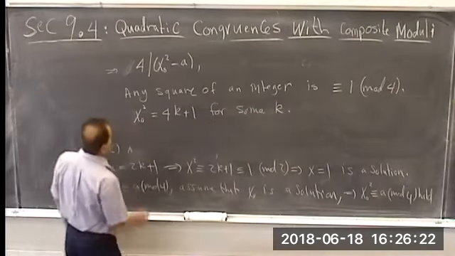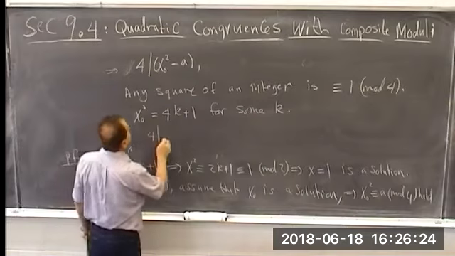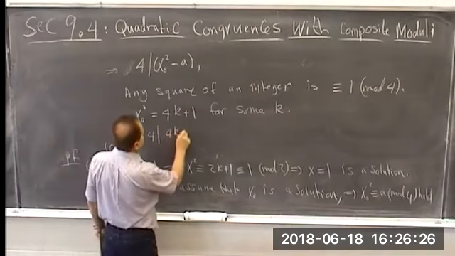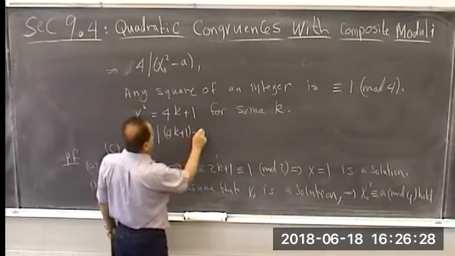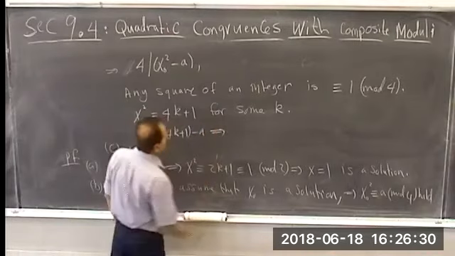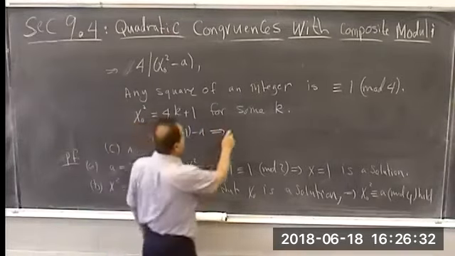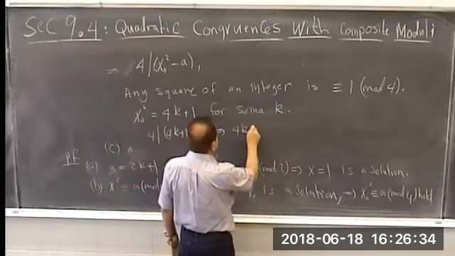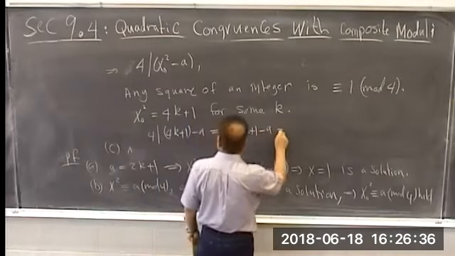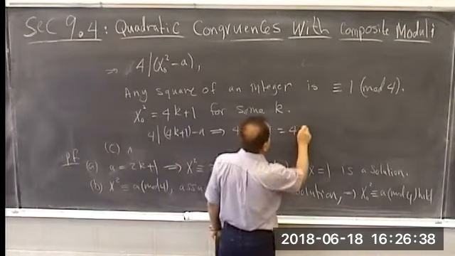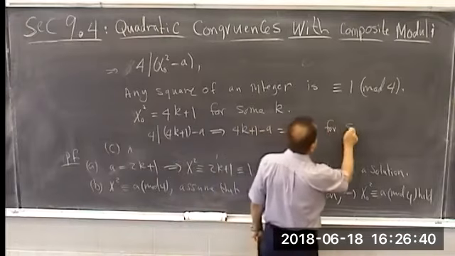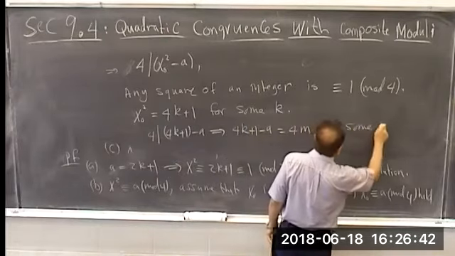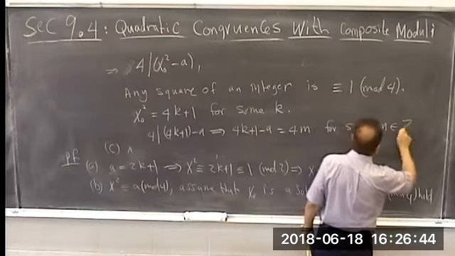Now let's look at this relation. 4 divides 4k plus 1 minus A. This implies that 4k plus 1 minus A is equal to 4m for some integer m.